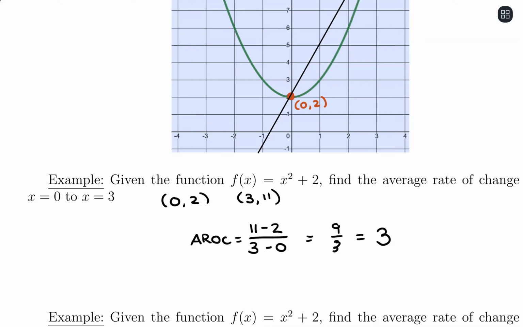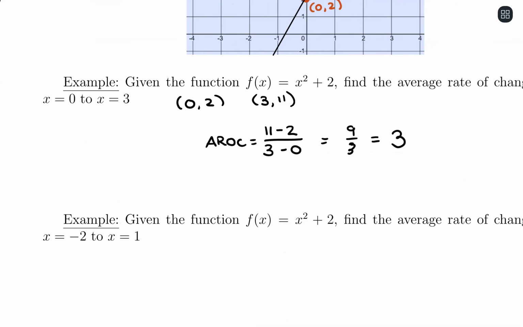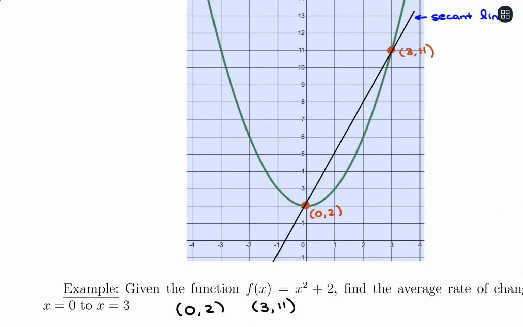So on average, we had this increase of 3 per 1 unit. Since there's no units of measurement here, we can't get much more specific than that, but we'll look at some applications later. But the average rate of change is a positive 3, showing that it increased. So let's look at that same function, but from x equals negative 2 to x equals positive 1. With this, my secant line's going to change.